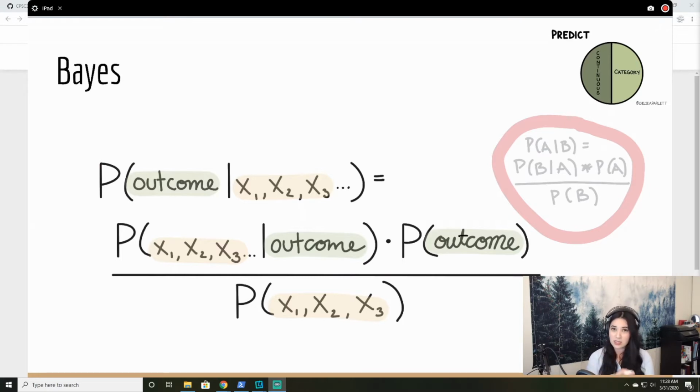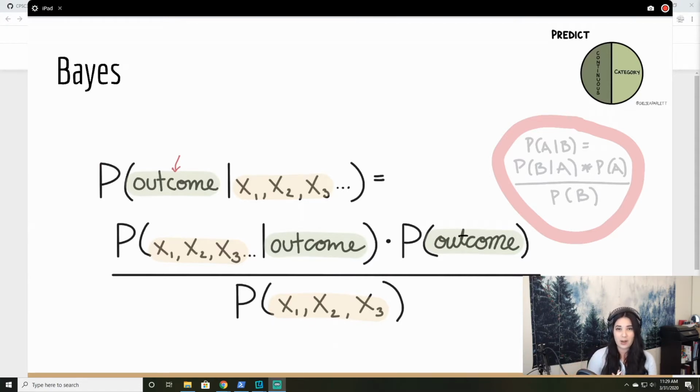And in this specific context, when we're using it for classification, the way that we're going to apply it is we're looking for the probability of an outcome, which in this case is going to be like a category or a label, given the data. So essentially what we're saying is, what is the probability that our data point is in a certain category, given that we know the value of certain features that we have?